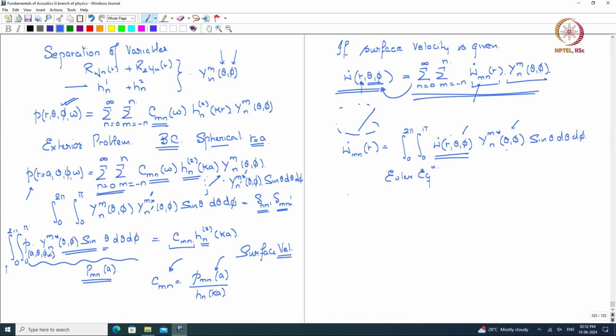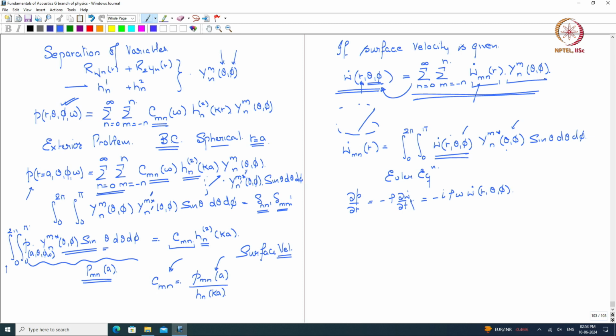Okay, now we have the Euler equation. What is that? Del p by del r is equal to minus rho del w dot over del t, which is minus i rho omega w dot, w dot at r theta phi, at a fixed r.